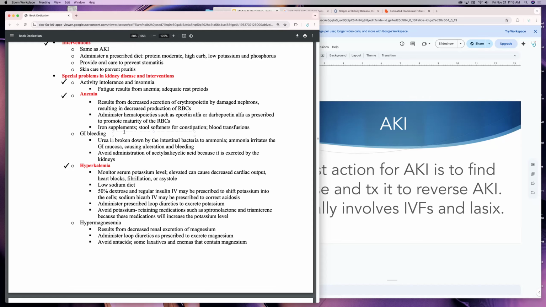Okay, so make sure you write this down. Patients with CKD should never take NSAIDs like aspirin, ibuprofen, or naproxen because they damage the kidneys and they lead to GI bleed.